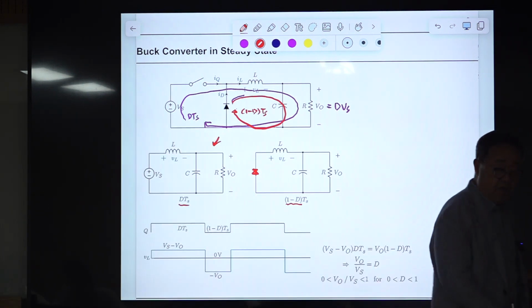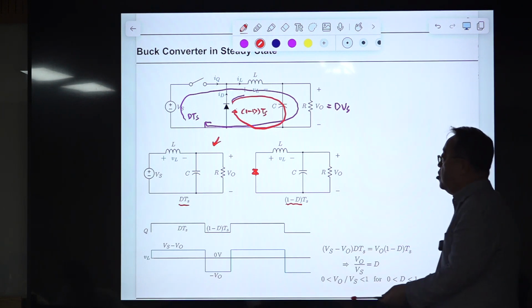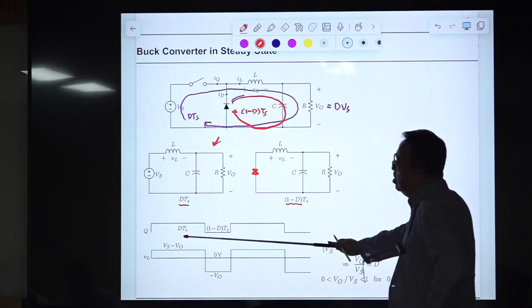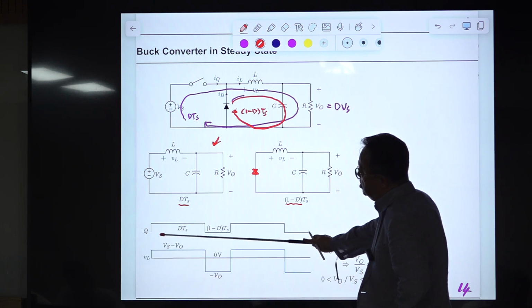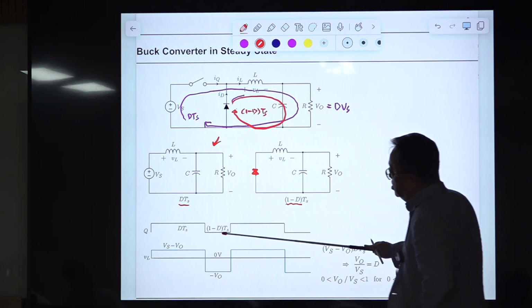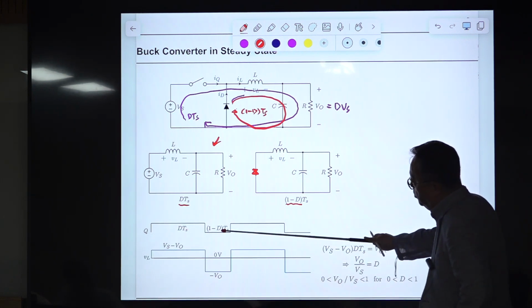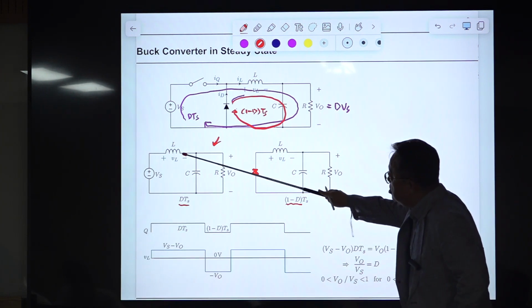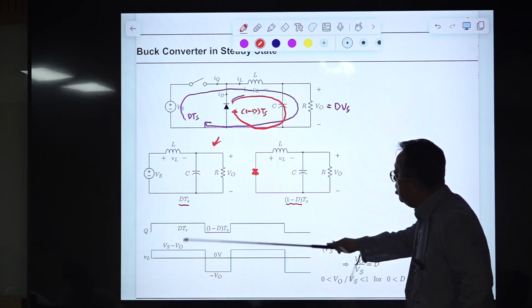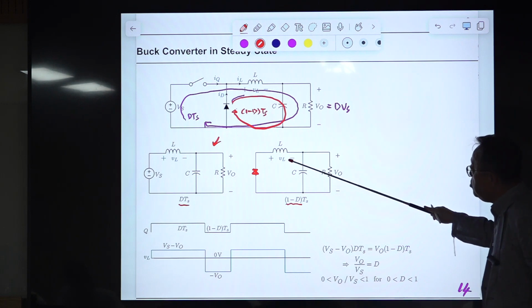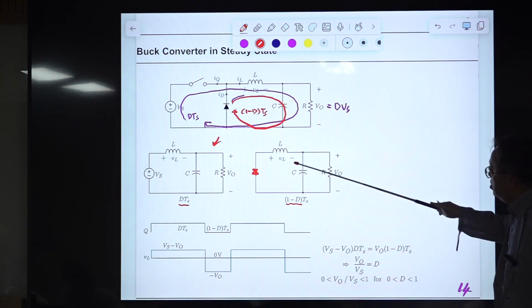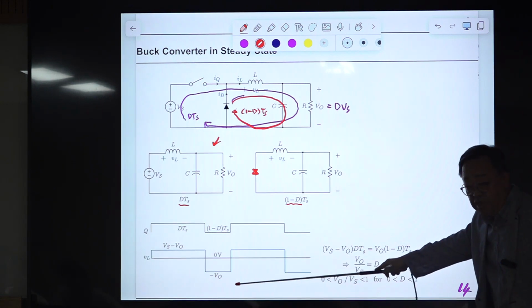The voltage waveform here follows the conceptual switch drive signal, with DTs for the on-time period and 1 minus D times Ts for the off-time period. The voltage across the inductor is Vs minus Vo during the on-time, and during the off-time it is negative, minus Vo.